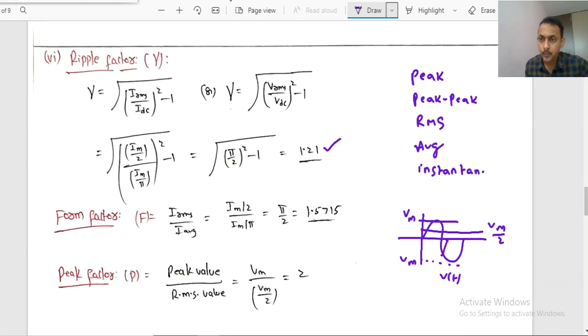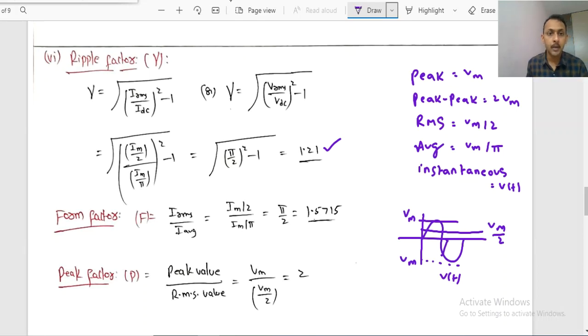Instantaneous value is at some particular instant of time. Peak value is Vm, peak to peak is 2 Vm, RMS value is Vm by 2, and the average value we got is Vm by pi. Instantaneous value is V of t at some particular instant.